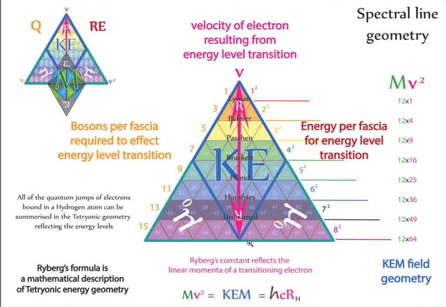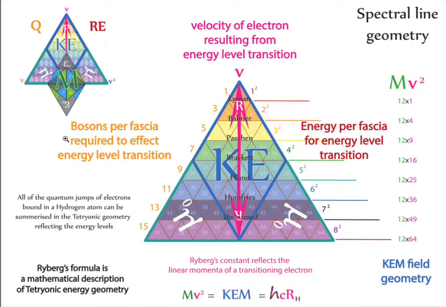Tetryonics calculates for the exact energy quanta as opposed to any additional energy quanta or any energy that's added through the process of measurement. All the spectral lines can be accounted for, including a previously unknown spectral line.